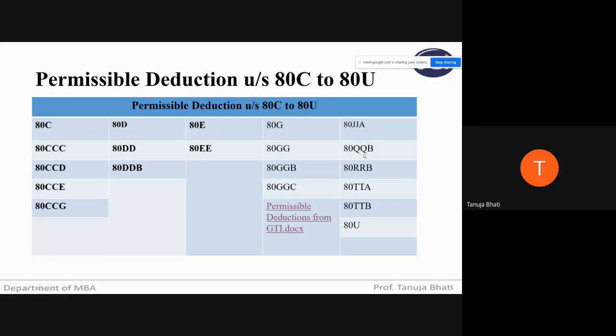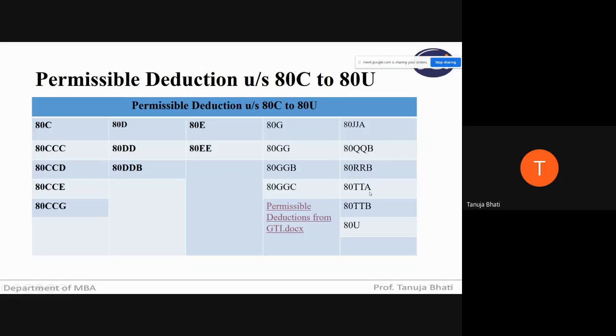Next, 80QQB is for a resident individual who is an author, and when he is getting royalty income, he is going to get a deduction of the actual income received or 3 lakh, whichever is less, if it is received in lump sum. If it is received other than in lump sum, then it is restricted to 15% of the value of the books. Next, 80RRB is royalty income on patents received by an individual. The deduction will be the income or 3 lakh, whichever is less.